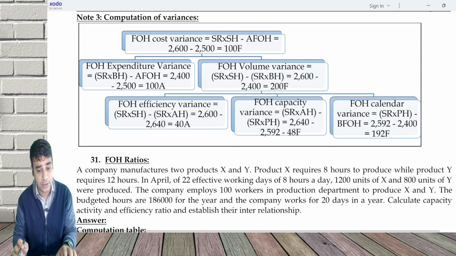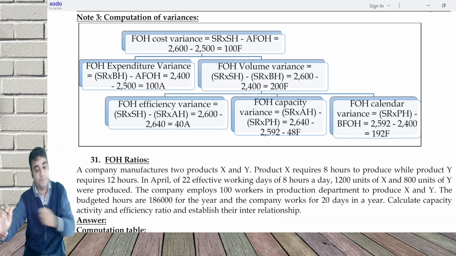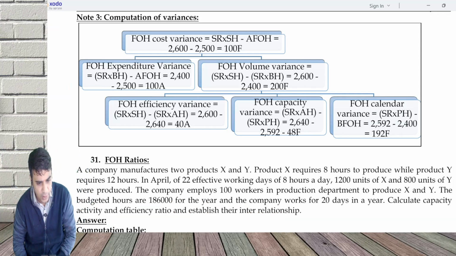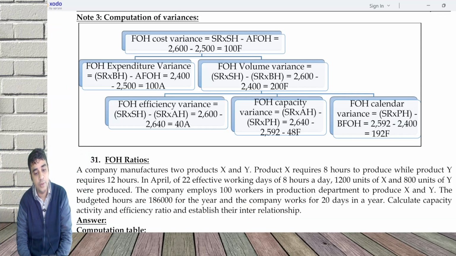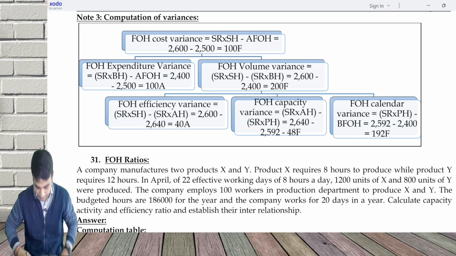In this question, do you have actual days as well as budgeted days? Both are there. Actual days are 22, budgeted days 20. Calendar ratio is possible. In fact, in the question, I think I missed adding, calculate capacity, activity, calendar and efficiency. Calendar is also required to be calculated.